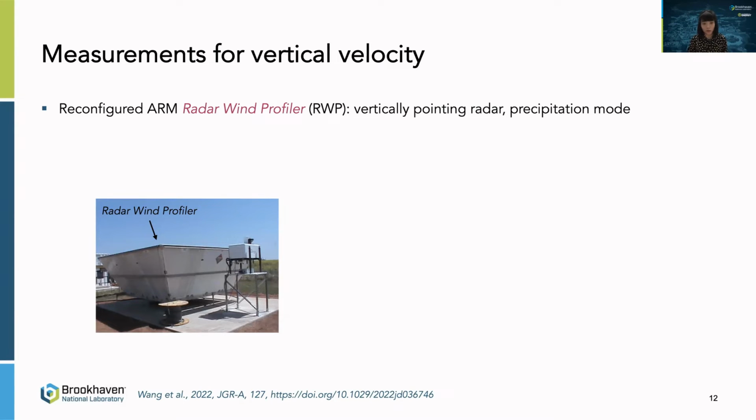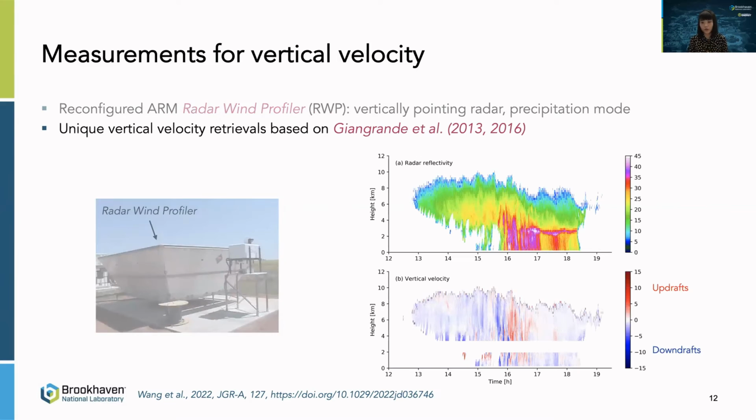Most of you may be familiar with the traditional radar wind profiler for retrieving horizontal winds, but ARM reconfigured these radar wind profilers to be vertically pointing, measuring the precipitation and clouds above. So what you get from the profiler is the radar reflectivity and Doppler velocity. And we use those quantities to retrieve vertical air motion in clouds.